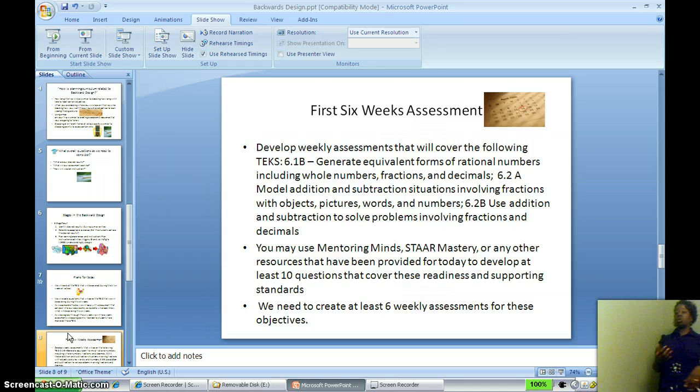We want to make sure that we are covering 6.2a, modeling addition and subtraction of fractions with objects, pictures, words, and numbers. And then our last objective is 6.2b, using addition and subtraction to solve problems involving fractions and decimals.